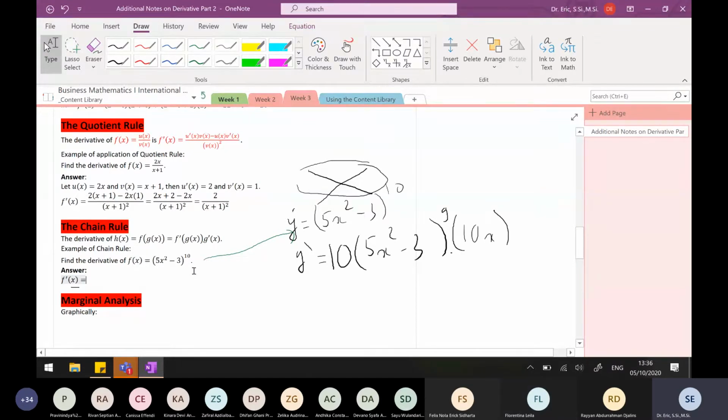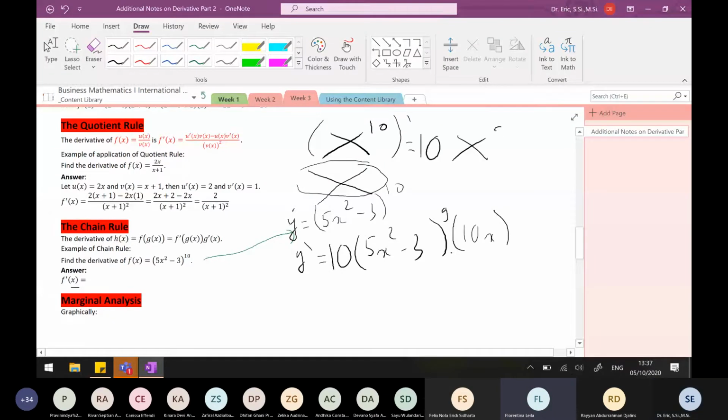What is the derivative of capital X to the power of 10? There will be 9x. No, 10. Oh, yeah, 10 X to the power of 9. Yes, and X is 5x squared minus 3. So you have this.